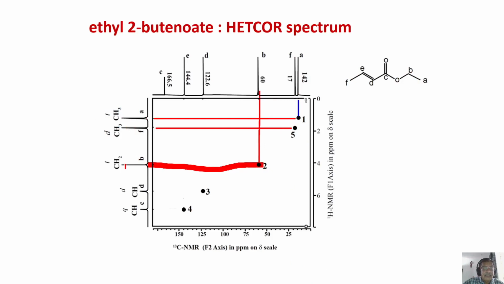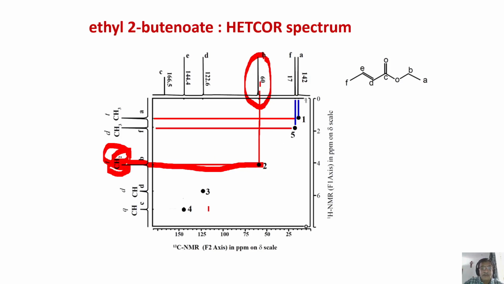That means this proton of this CH2 is correlated to this carbon. If I take the CH2 group, its chemical shift in the carbon dimension is this, and in the proton dimension is this. So directly we get both chemical shift information. So all the carbons which are directly attached to protons can easily be identified.